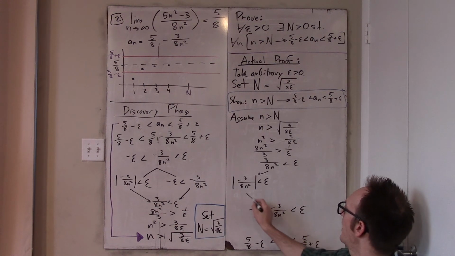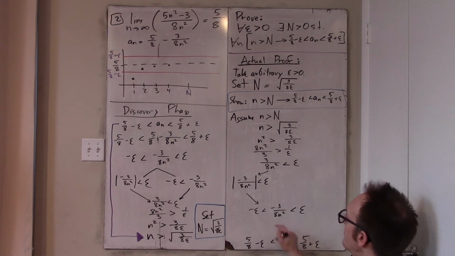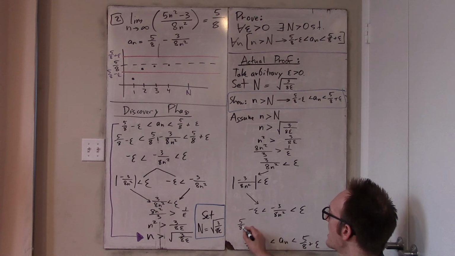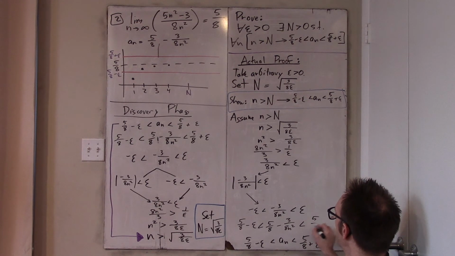And that's what I wanted, because now all I have to do is add 5/8 to all three sides, and, well, there it is. And that's exactly what I wanted to prove.